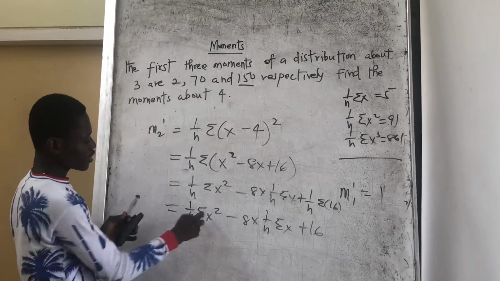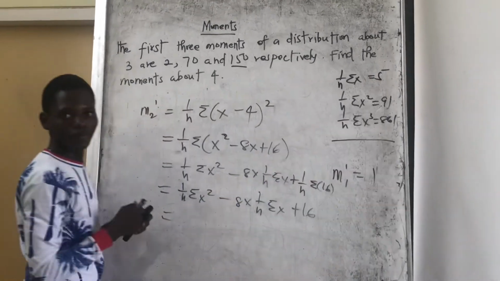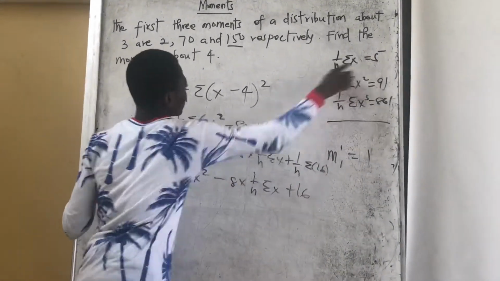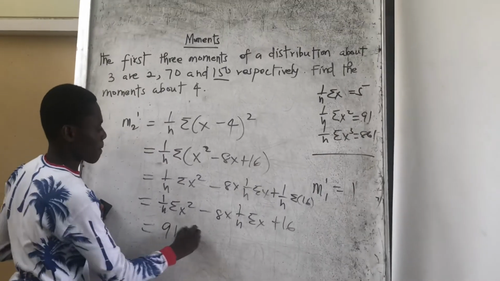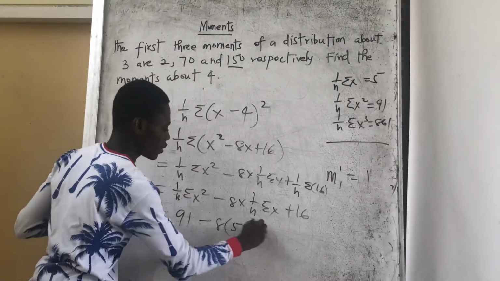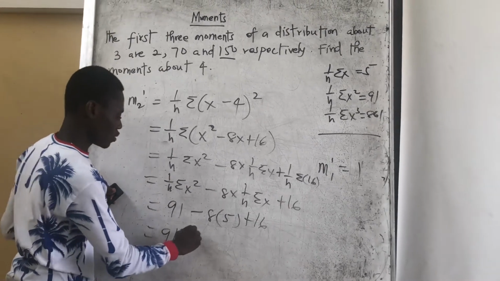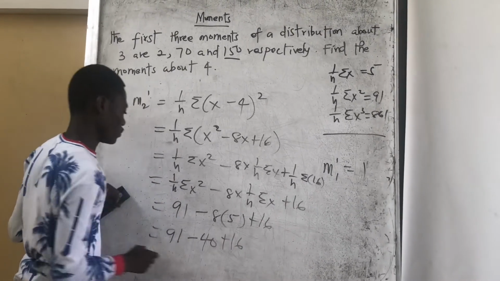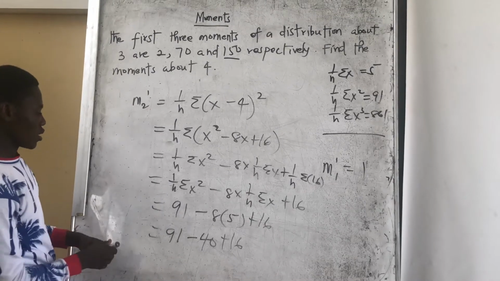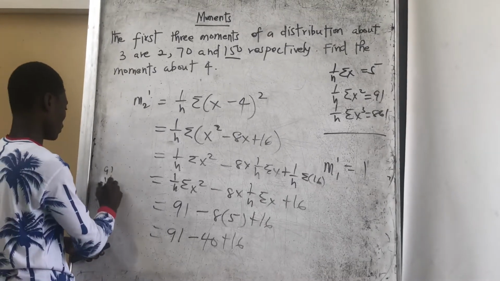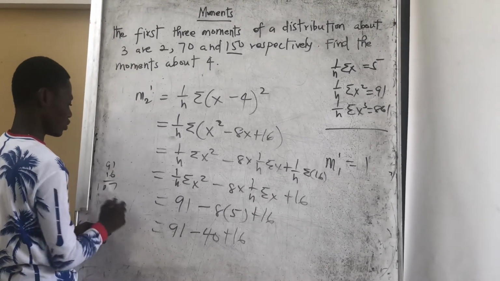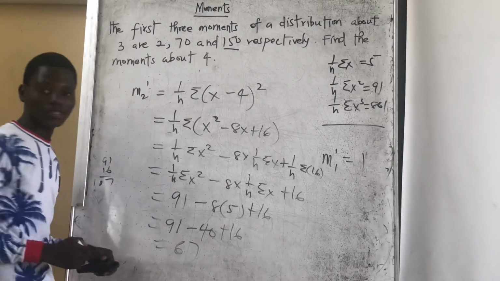So this has been calculated as 91, and then the sigma x has been calculated as 5. So 91 minus 8 into 5 plus 16 this time. So this becomes 91 minus 40 plus 16, and that gives us 67.